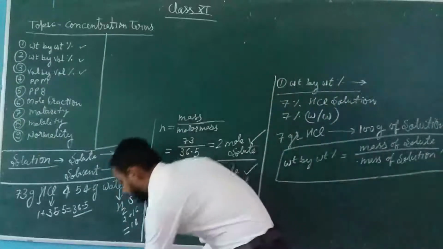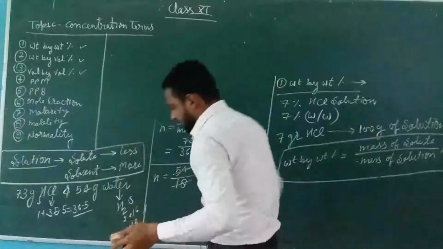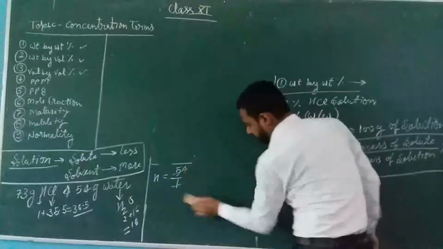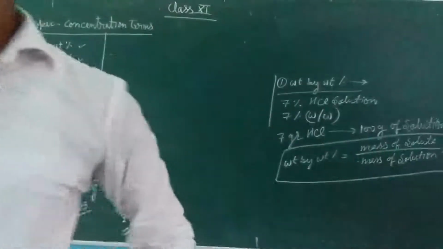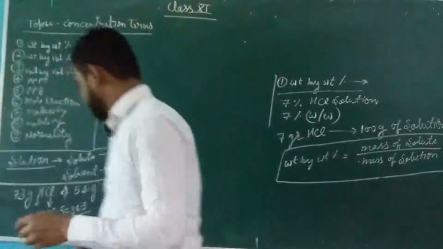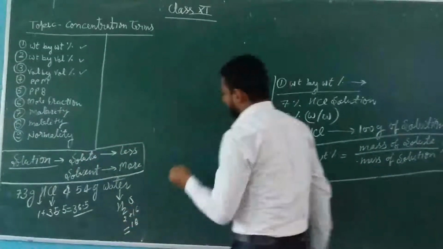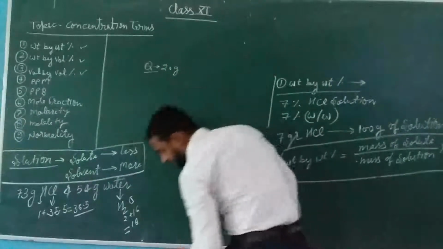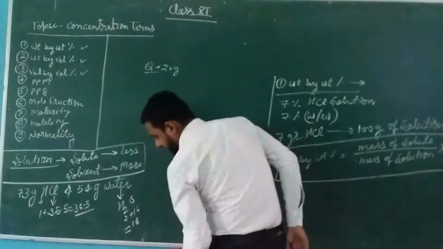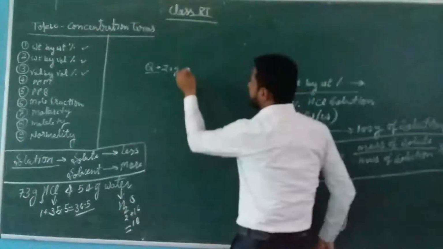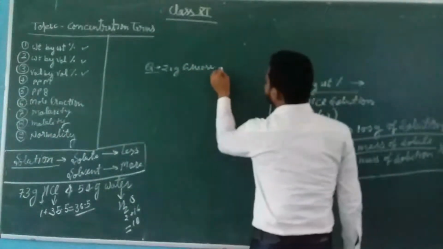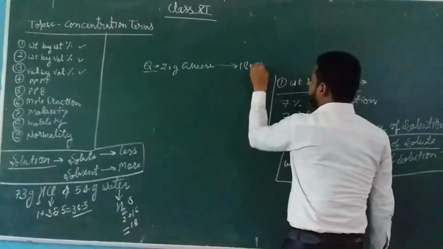So here's a question. The question is: 20 gram of glucose is dissolved in 180 gram of water. 20 gram of glucose is present in 180 gram of water.